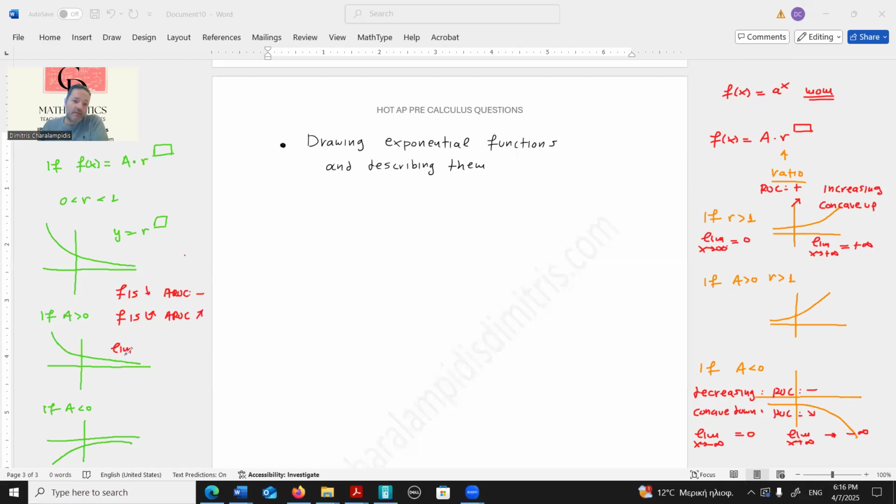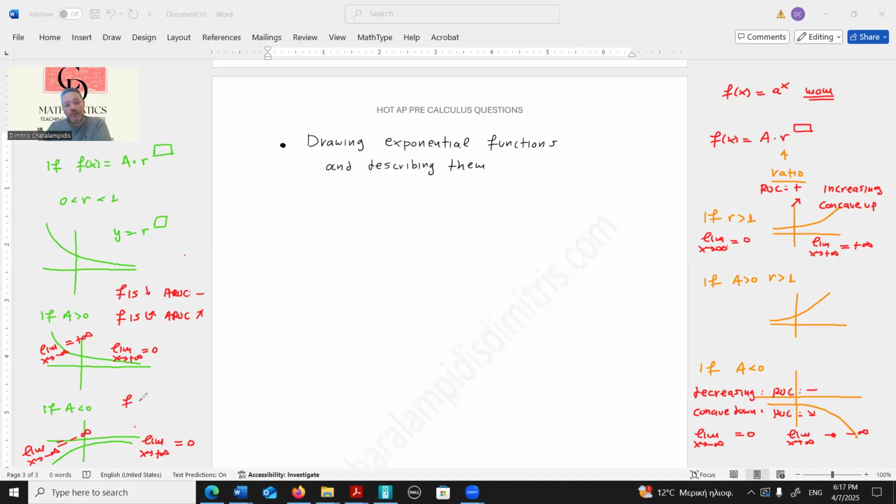Considering the limits, therefore the end behavior, as x tends to plus infinity, it goes to 0, and as x tends to minus infinity, it goes to plus infinity. However, when we multiply by something negative, when x tends to plus infinity, it still goes to 0, but when x tends to minus infinity, it goes to minus infinity.